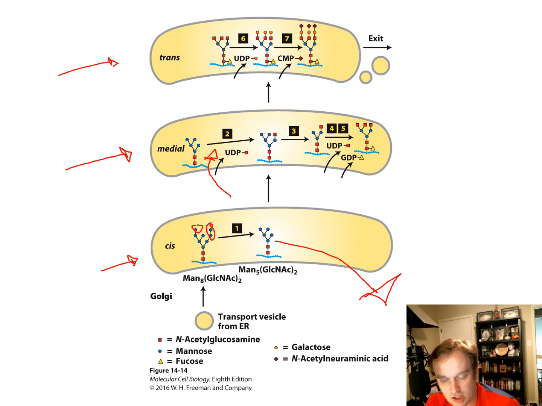And in this step, we are adding 3 N-acetylglucosamine, and we are removing 2 more of those mannoses, so they're out of there. And then we add at the end a single fucose, which is that.